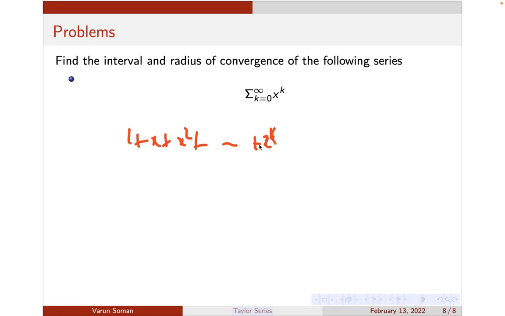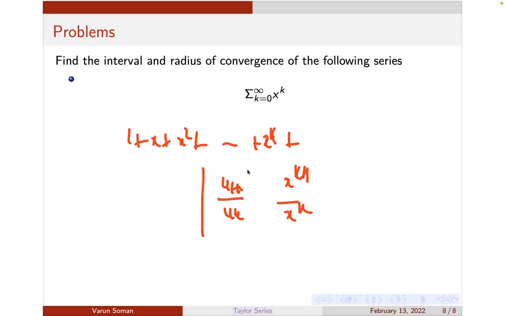I don't know whether this is a positive term series, a negative term series, an alternating series or nothing. So what I will do is look at the absolute values of the terms. I look at u_{k+1} by u_k. What is u_{k+1}? It is x raised to k plus 1 by x raised to k.